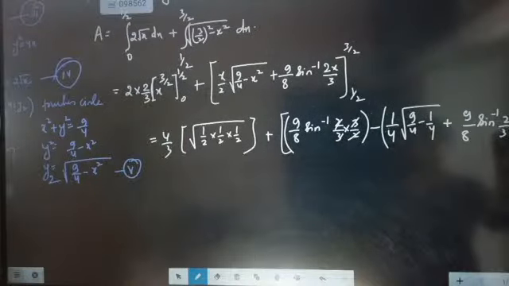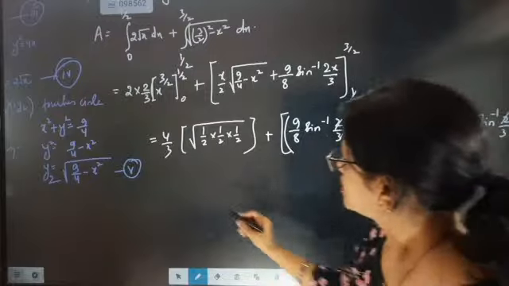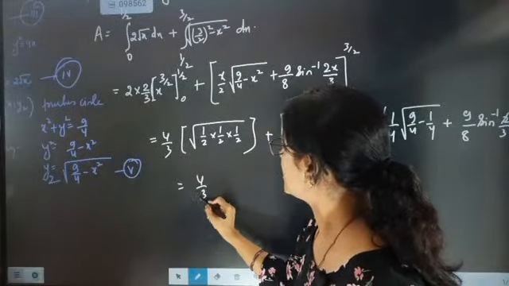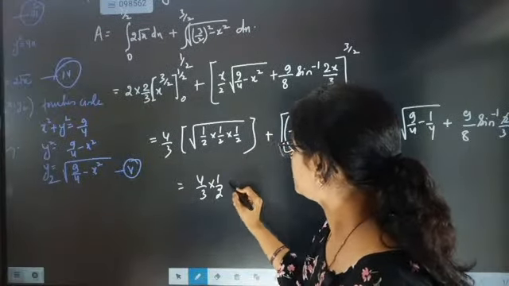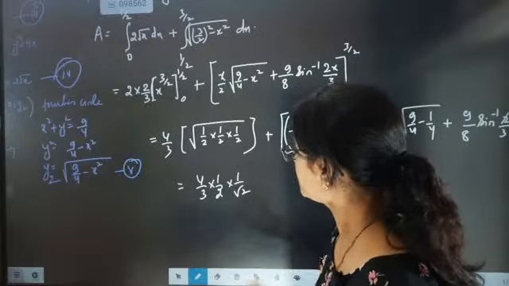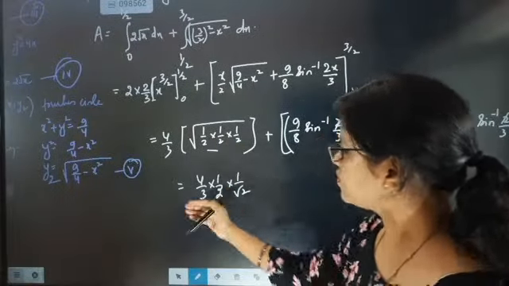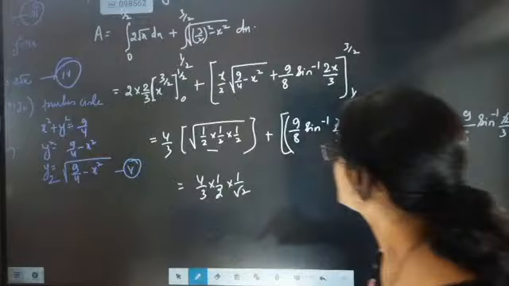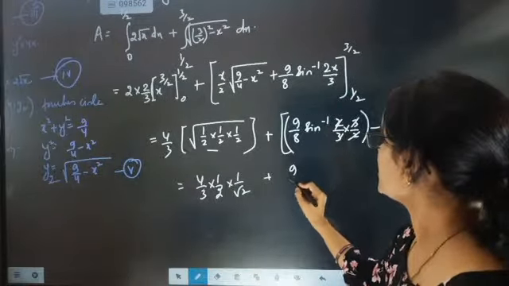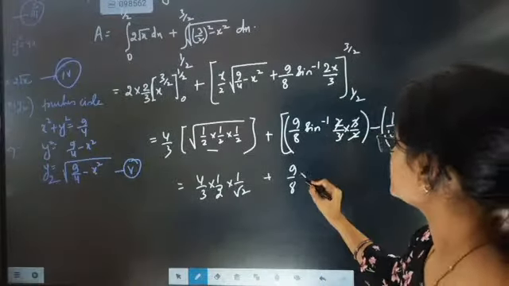So 2 by 3 into 1 by 2, this and this will get cancelled. So this part is 4 by 3 into 1 by 2 into 1 by root 2, because 1 by 2 will come out. And here 9 by 8 sine inverse 1 is pi by 2.